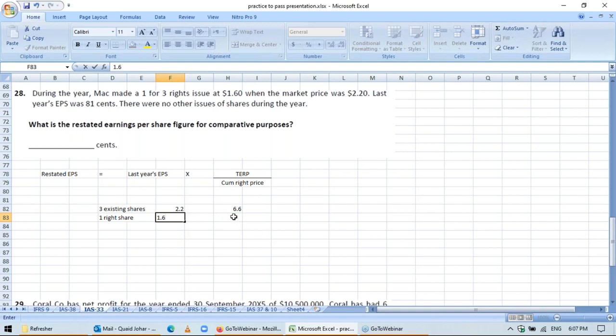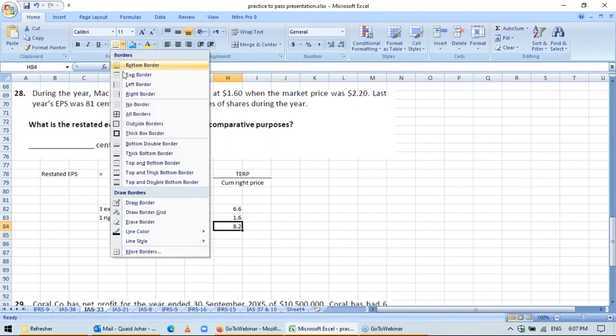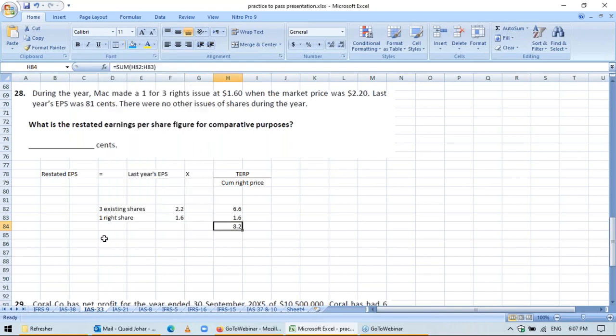So multiply the one share issued as right at 1.6, and this makes 1.6. Sum these two up, this makes 8.2. This is the total value of the 4 shares now.